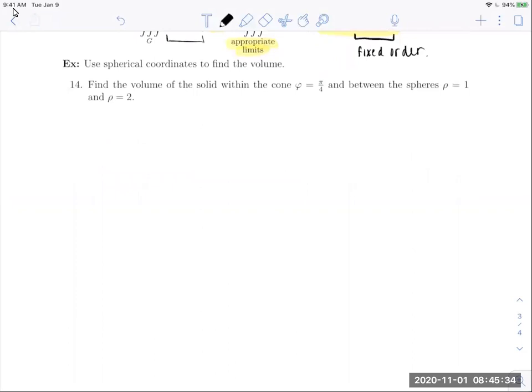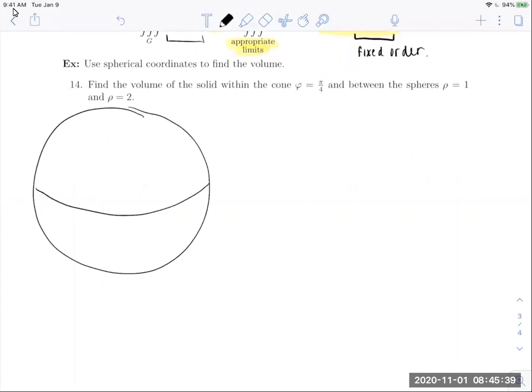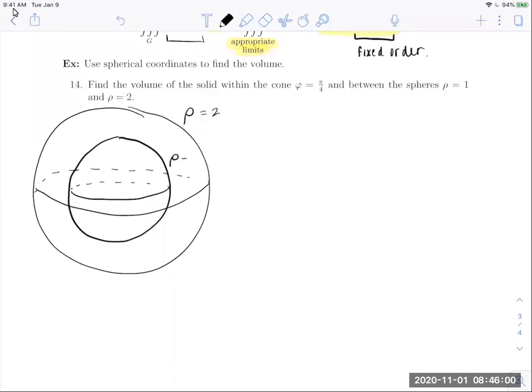So first, let's sketch our spheres. All right, so here's my rho equals 2. This is my larger sphere. Here's my rho equals 1, my smaller sphere. And then we have this cone where pi fourths is going to be the angle from the positive z-axis.